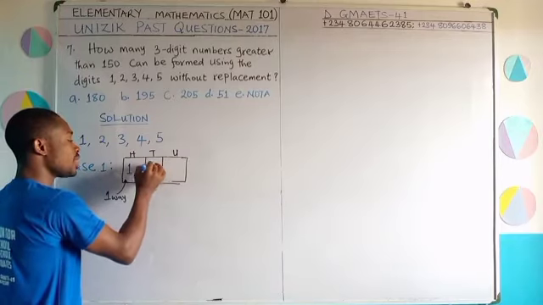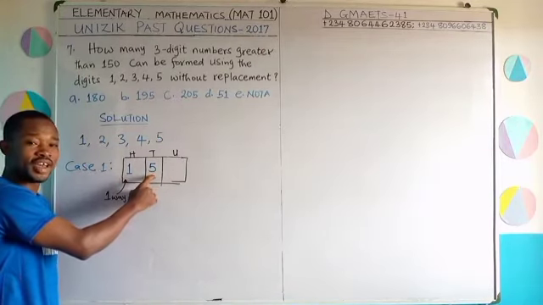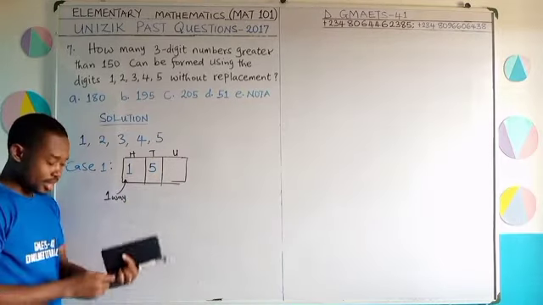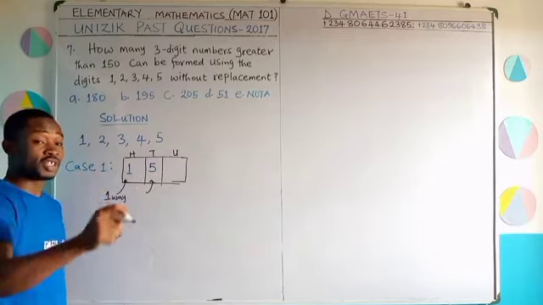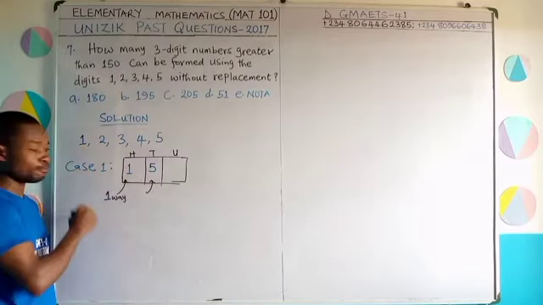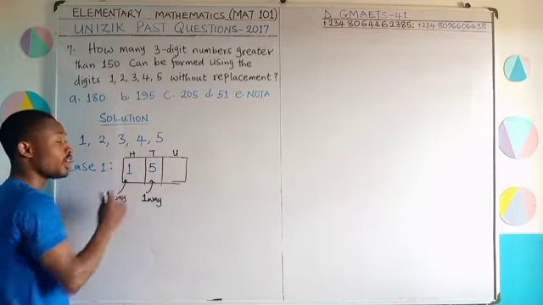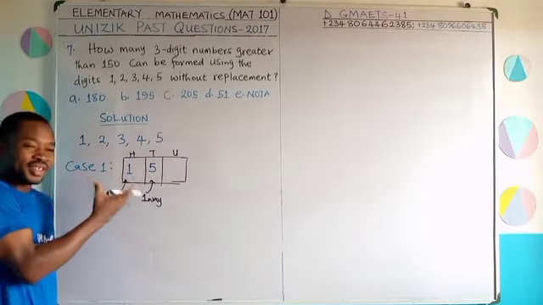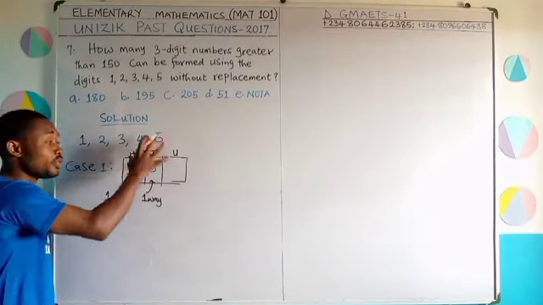If you fill this tens place value with any other digit apart from this 5, you can never get a number greater than 150. But if you fill it with 5, then you can get a number greater than 150 on the condition that the hundreds place value is filled with what? This digit 1. So here we have just one way of filling that place value. Now you see that with this arrangement, 2 digits are gone. We are left with 3 digits.